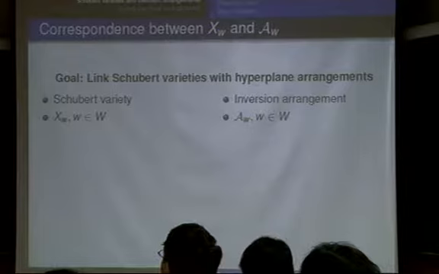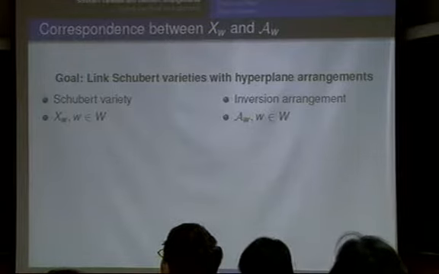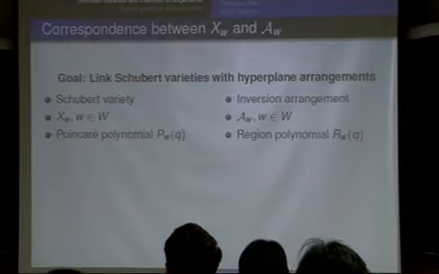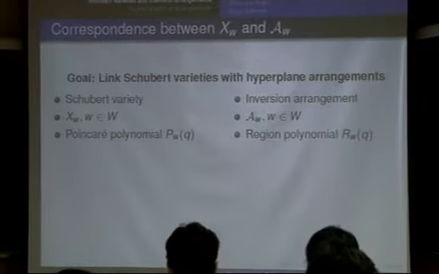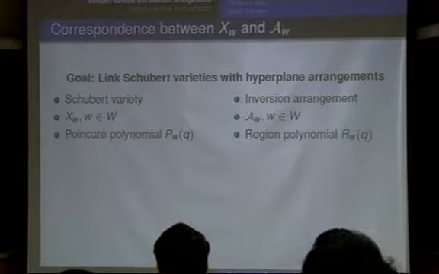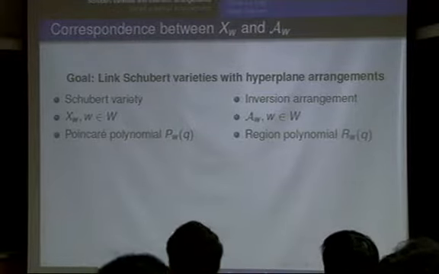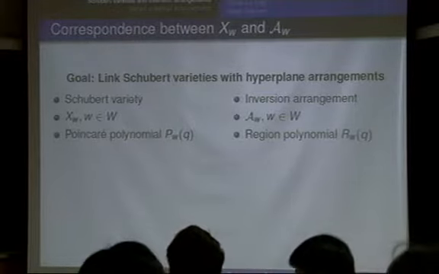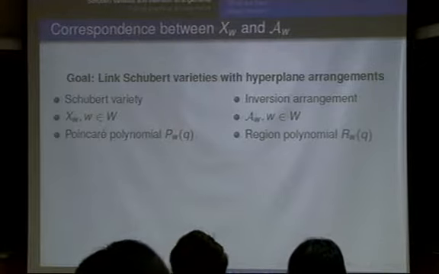If you are not familiar with Weyl groups, then you may think of this as a symmetric group, permutation group. That's the simplest case, called type A case. A Schubert variety naturally has a cohomology structure, and it gives us a polynomial called the Poincare polynomial.